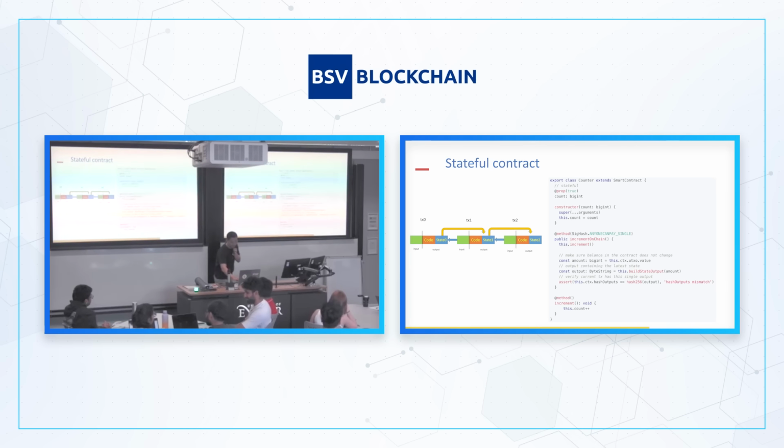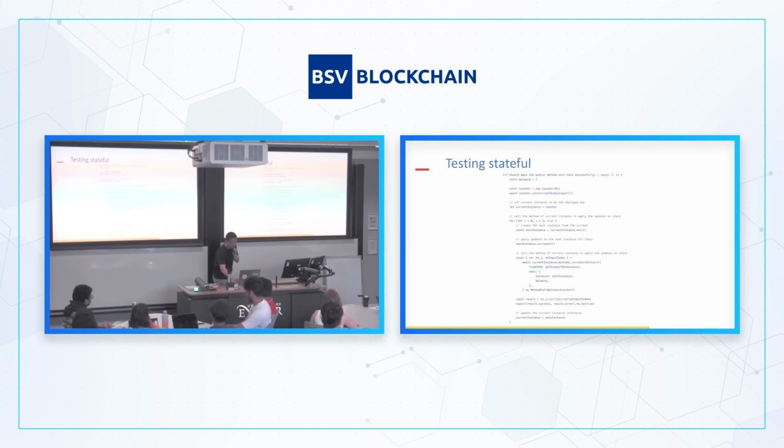So when we are doing the testing, once we have duplicated the current instance, we get the next instance, and then we can call next instance dot increment. Be aware that this thing is running on a local computer. Because you separate this out, you update the state by calling it, and you don't have to write another function to do the same thing.